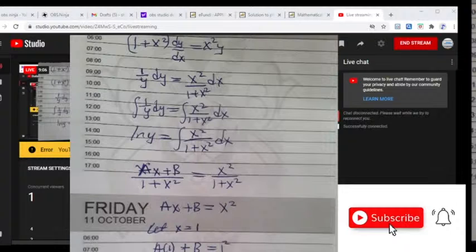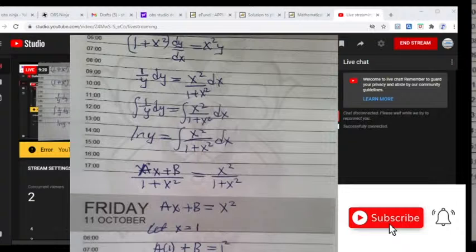If you have 1 plus x squared underneath, you are going to have ax plus b over the denominator equals the expression that is inside the integral. And you have to multiply both sides by the denominator.